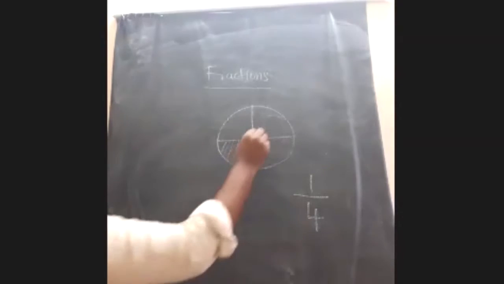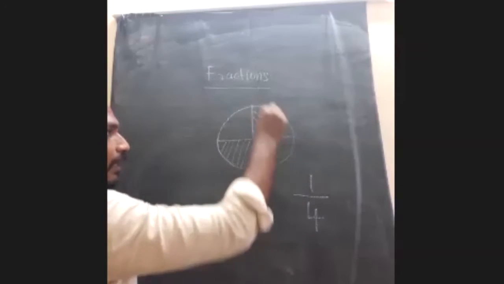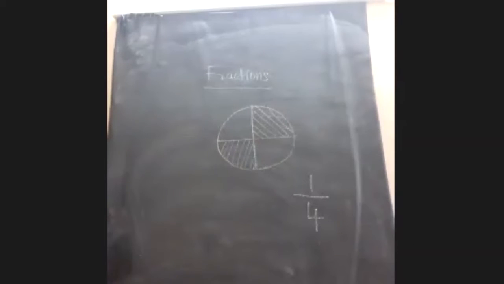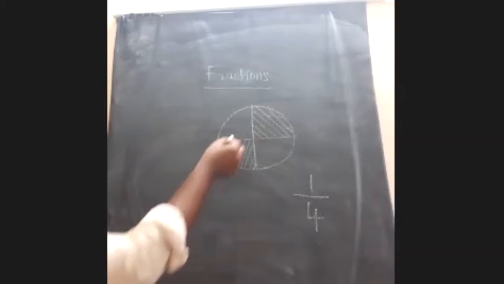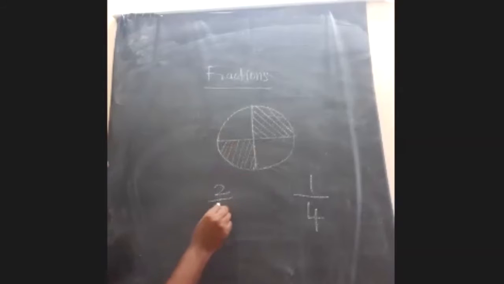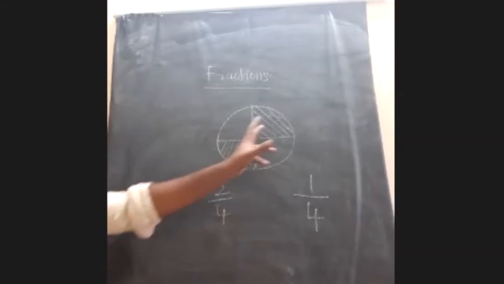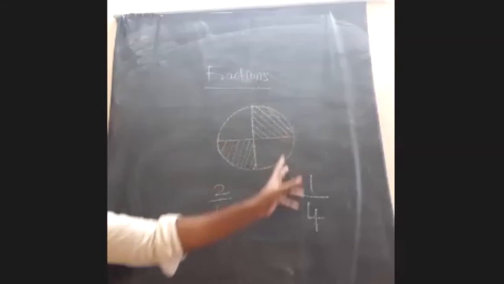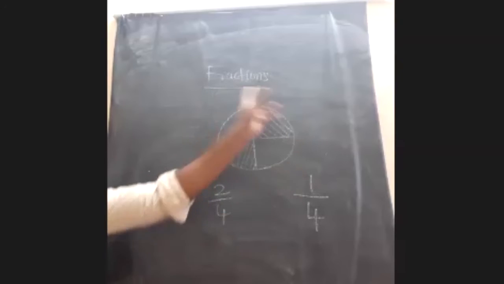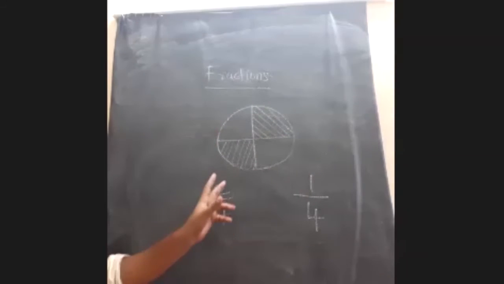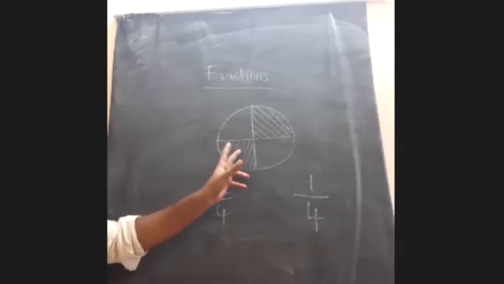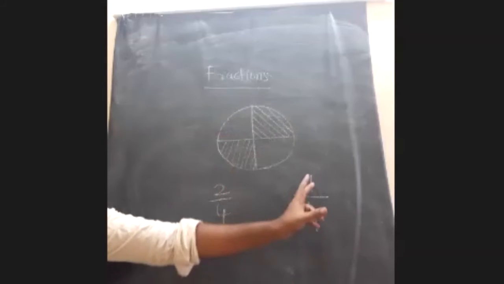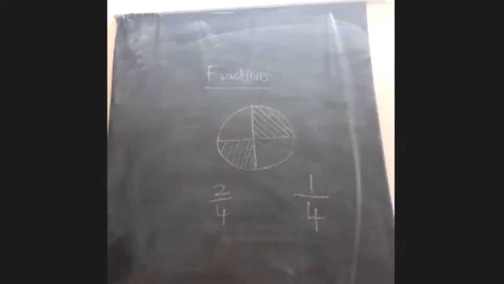Suppose another portion, the shaded part of this figure is 2 by 4. So 2 parts out of the whole. This is the meaning of 2 by 4. And 1 part out of the whole was the meaning of 1 by 4. Hope you understood what a fraction is in pictorial format also.